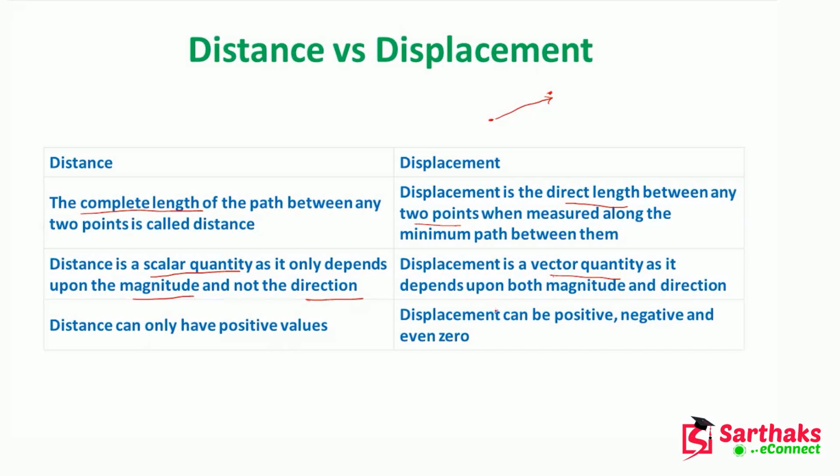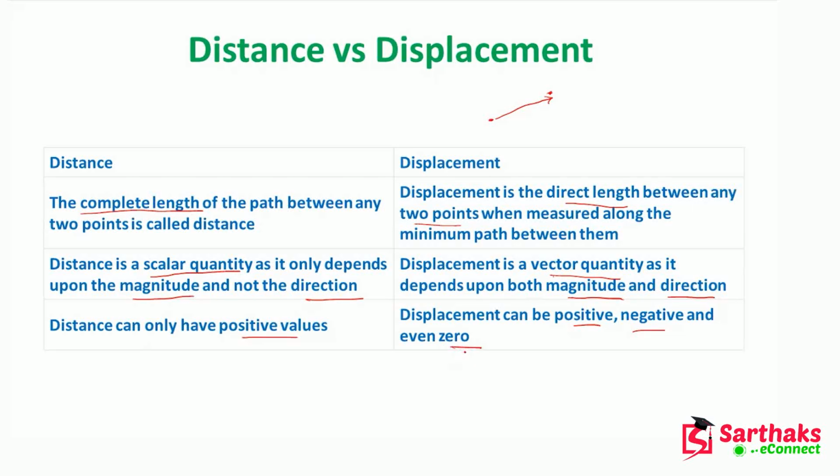Why? Already I have told you, I have to go towards south, toward north, towards east. That I have to mention, right? So that means it has the magnitude, also the direction. Distance can only have positive values, but displacement can be positive, negative, zero.